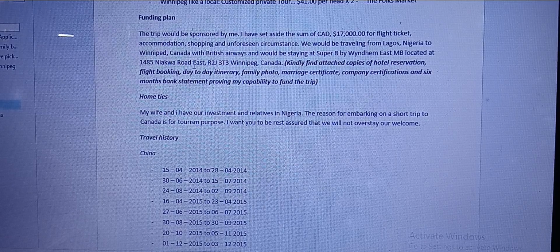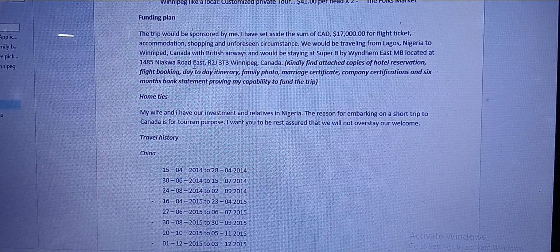Also, here you inform them about your accommodation, where you intend to stay. Are you staying with a family member? Are you staying in a hotel? That's where you tell them. Here you also tell them about your flight itinerary. If you have booked your flight ahead, you tell them the airline you will be traveling with.